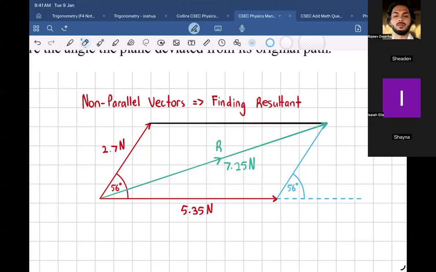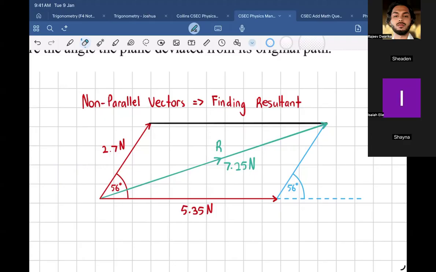All right, so once you finish the diagram, just tell me. Okay, good job, Shay.